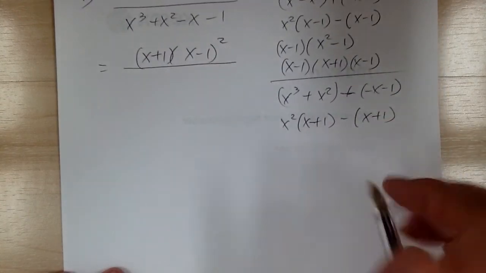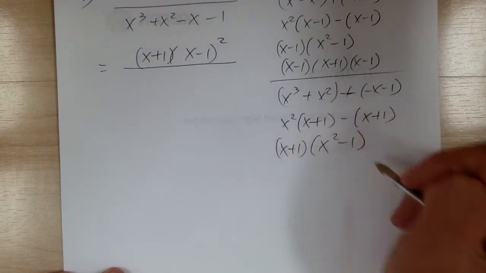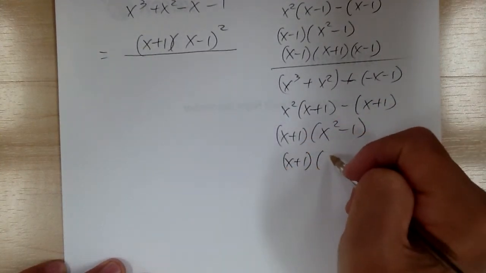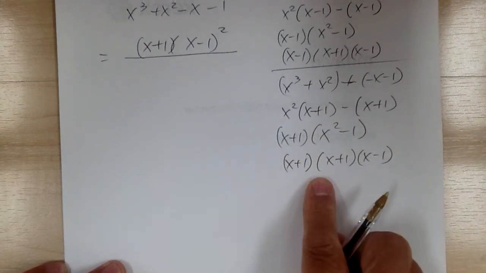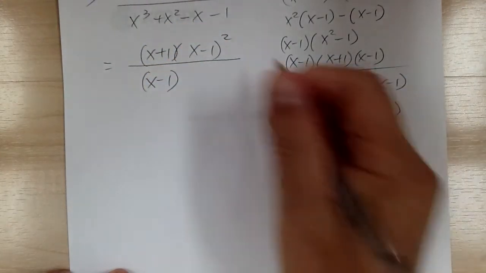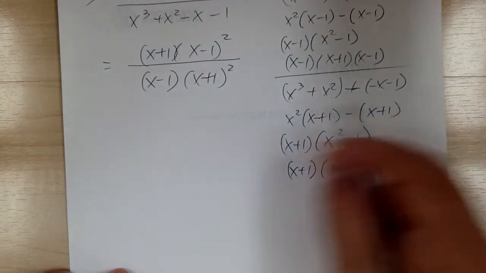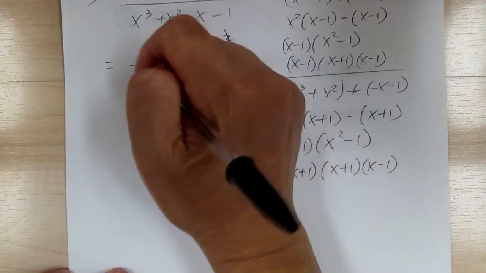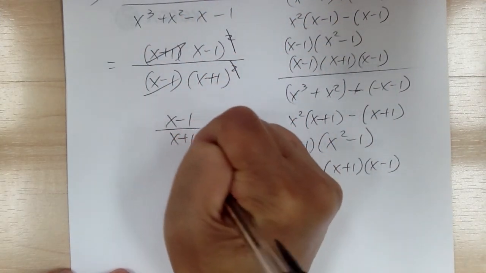So x plus 1 can come out, and you get x squared minus 1, which factors into x plus 1, x minus 1. So in this case, you're going to get x minus 1 times x plus 1 squared. So this one and this one can cancel out, and this one and this one can cancel out. You end up with x minus 1 over x plus 1.